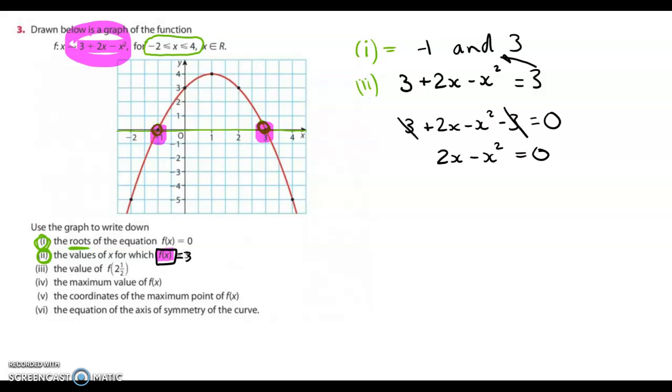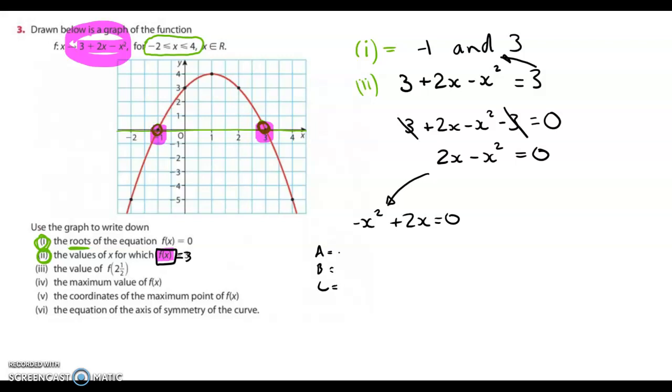Now at this point you factorize. You could do this in either two ways. You could get it in the order of, you'd see a quadratic where the x squared is first. Like that. And you'd find what a is, what b is, what c is.